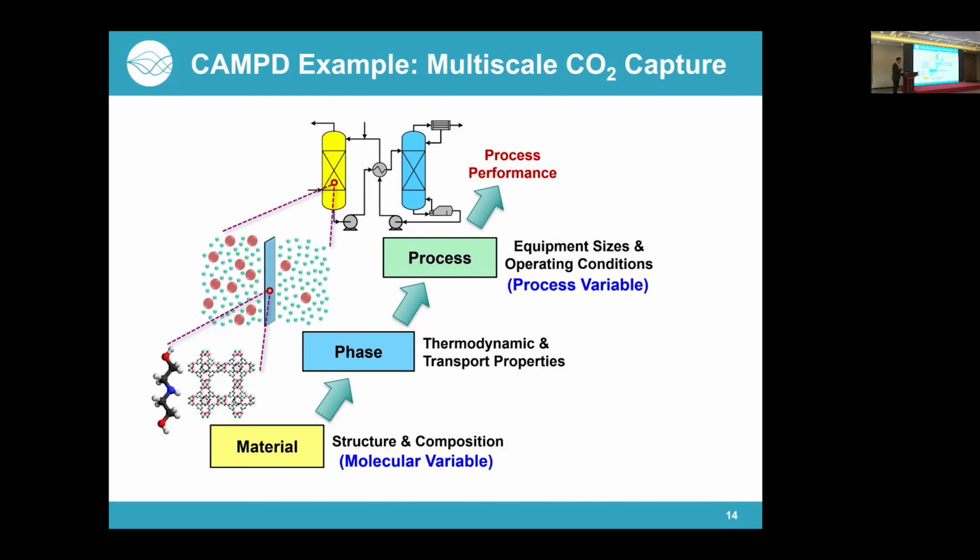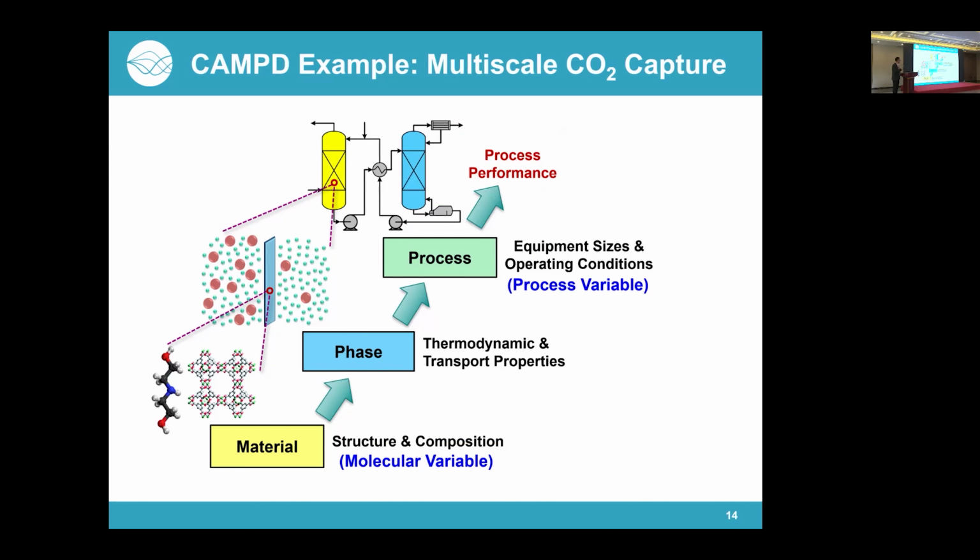If I give you a simple multi-scale vision on CO2 capture, because later we will introduce CO2 capture as an example: we have material here, and basically you have to design the structure and the composition. Sometimes you can use composite material or blend solvent, then you also need to find the best composition.